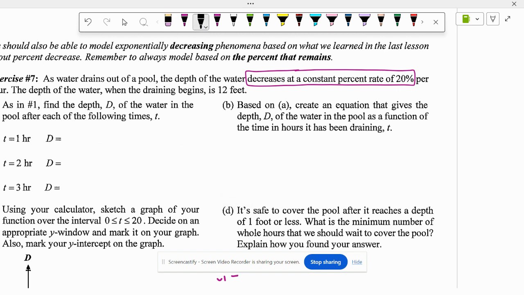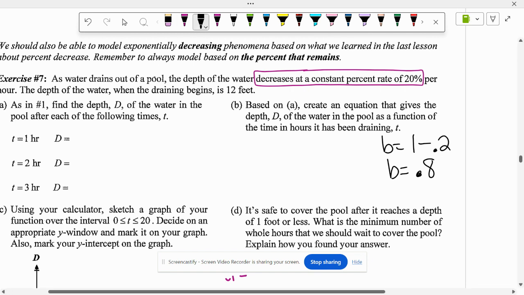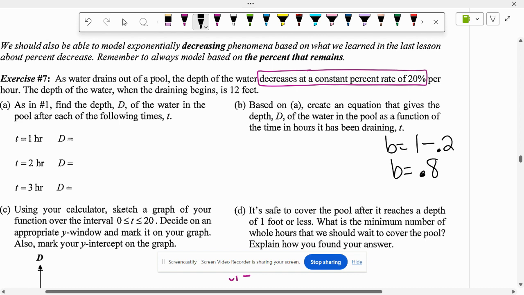So to find my B value, I'm going to take 1 minus, how do I write 20% as a decimal? 0.2. So what is 1 minus 0.2? 0.8. Okay. The depth of the water when the draining begins is 12 feet.